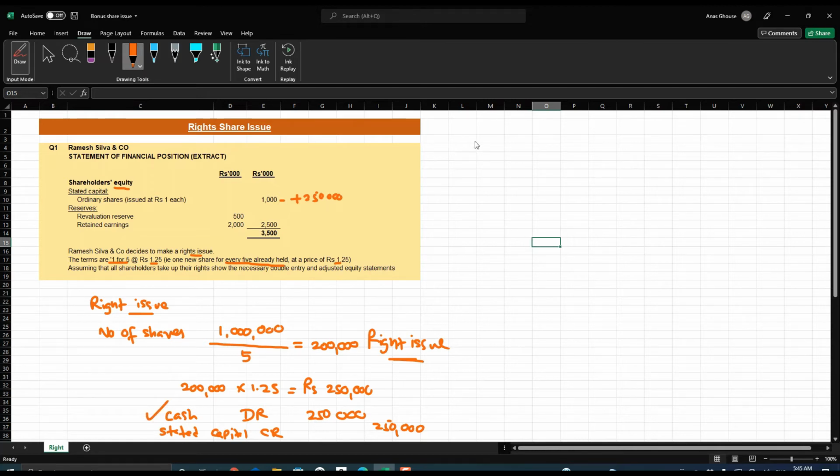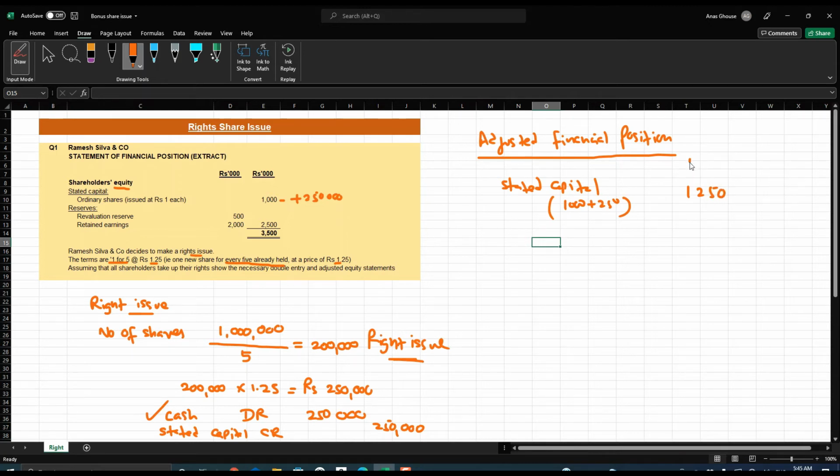So if you prepare the adjusted financial position, stated capital will be 1 million plus 250,000, which will be 1,250,000. These are in millions.